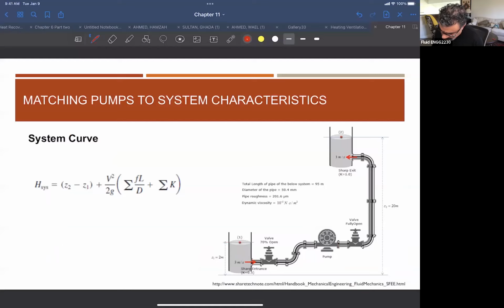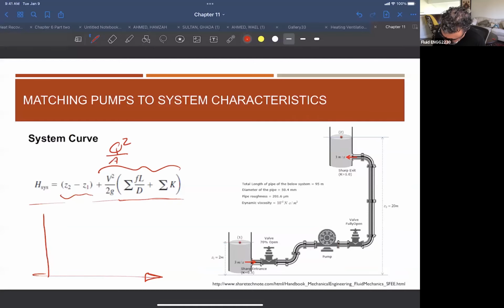Okay. So in this case, we can draw this relationship. If you put a relation here, this whole thing can be changed to Q squared over area squared times 2g times the summation of fL over D plus the summation of K. You can put this equation as a function of the static lift, or the difference between tank A and B, or 1 and 2.